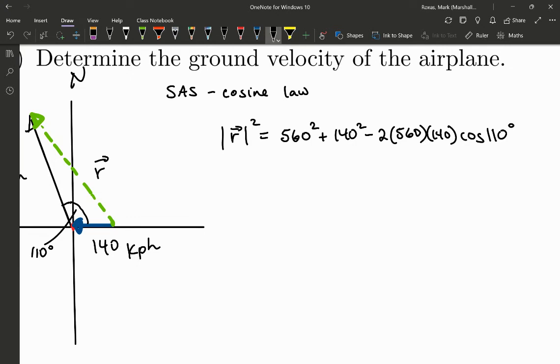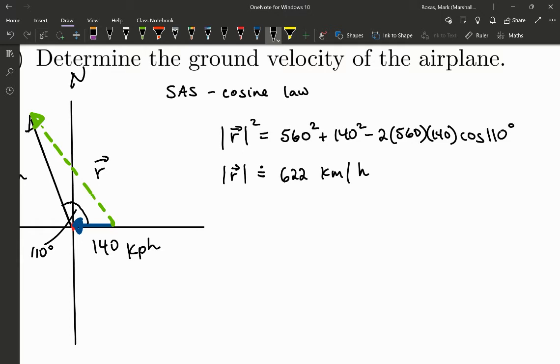Then if you put that into your calculator and solve for r, magnitude of r, don't forget to take the square root of both sides, the approximate answer will be 622 kilometers per hour. I always suggest you pause the video and try that calculation on your own to make sure you still remember how to do it properly on your calculator.